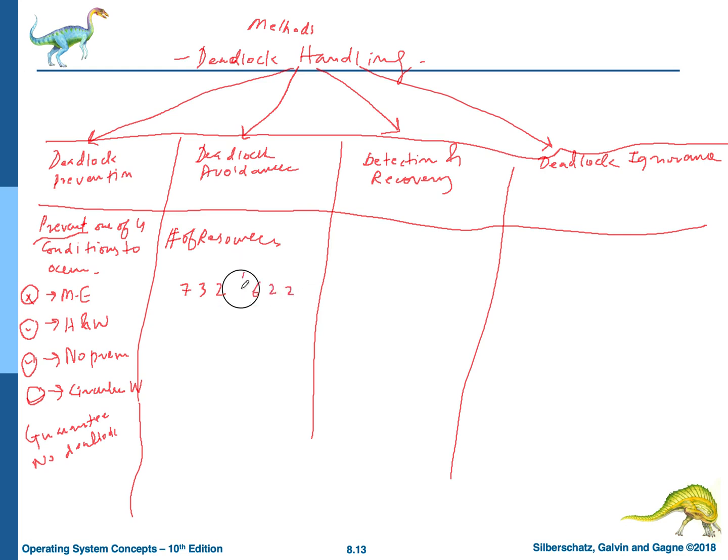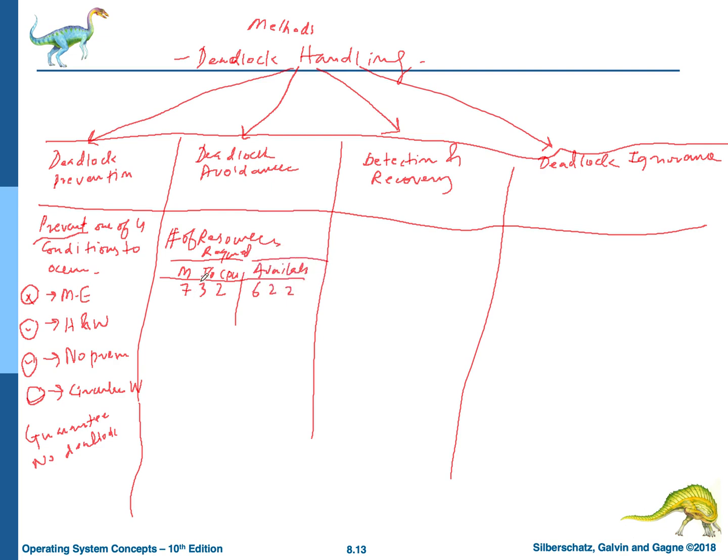Now as we do not have enough resources, if this is memory, this is maybe IO, and this is maybe CPU burst, this is required and this is available, right?